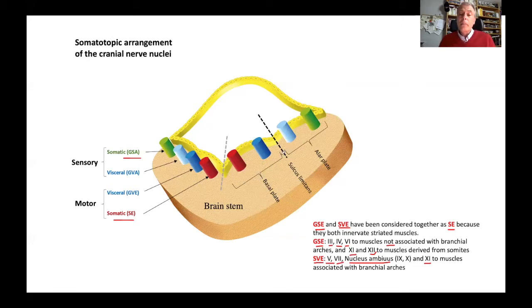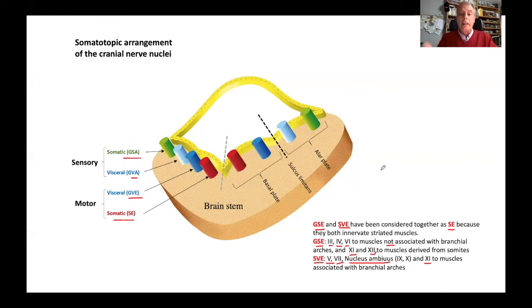And the visceral components are arranged very close to the sulcus limitans, as the afferent visceral component is dorsal to the sulcus limitans, and the visceral efferent component is ventral to the sulcus limitans. Okay? This arrangement is going to be maintained and we will find it in the adult.